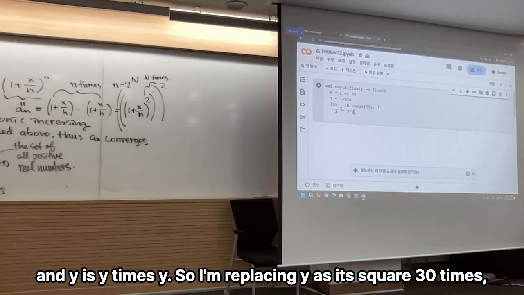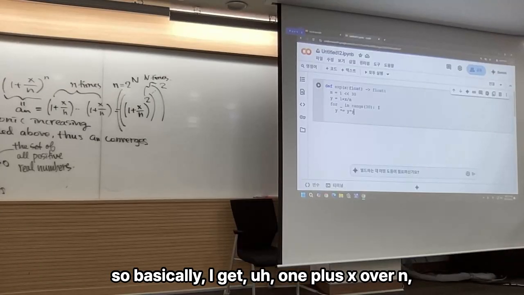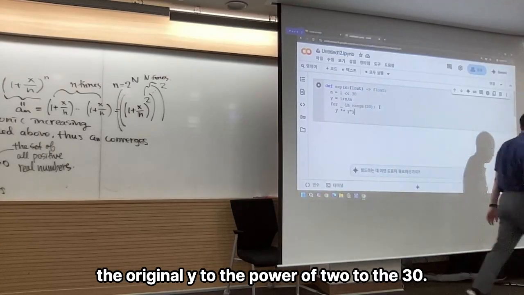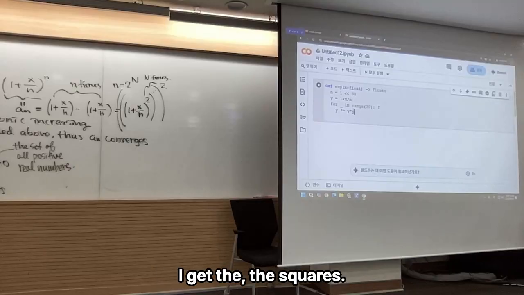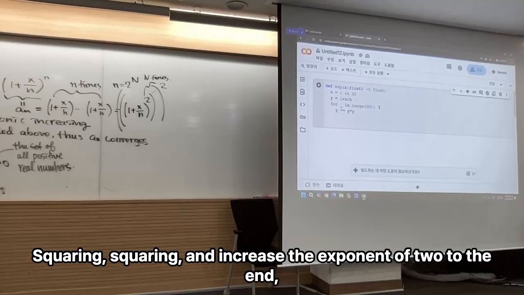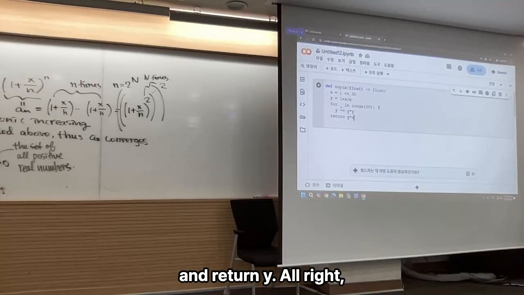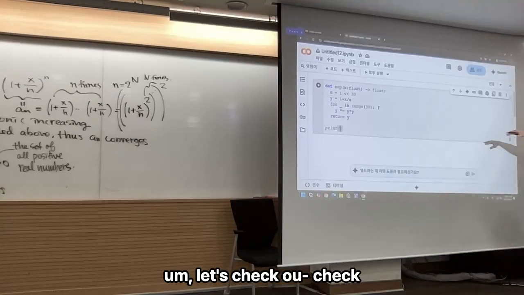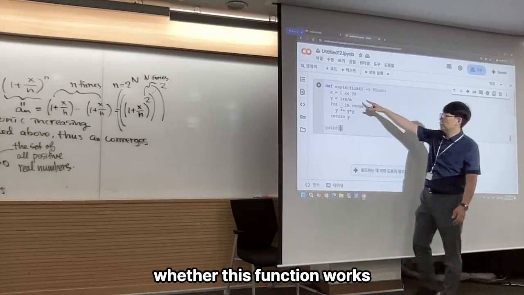So I'm replacing y with its square 30 times. So basically I get (1 + x/n), the original y, to the power of 2 to the 30. Every time I square, I increase the exponent of 2, and then return y.